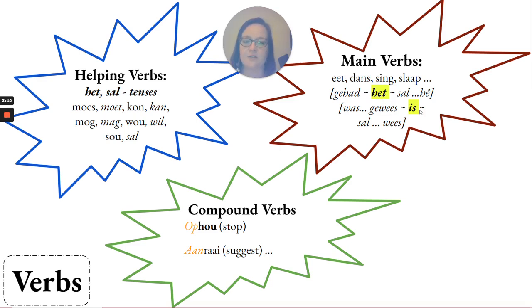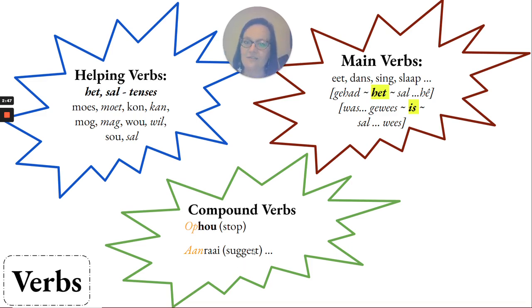Het and is are special because they're the only 2 verbs in Afrikaans that change according to the tense they're in. All the other verbs stay the same. Helping verbs change in the past and in the future, and then compound verbs do something special when they're in past and present tense. So that's just a note for another lesson, but tonight we're focusing on the main verbs.